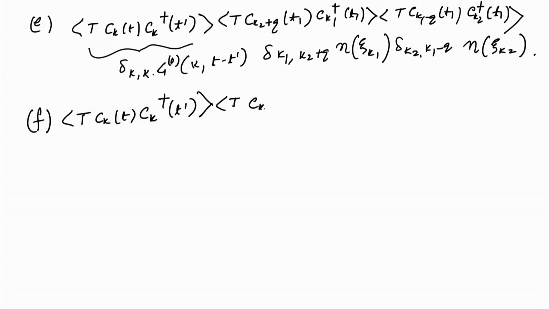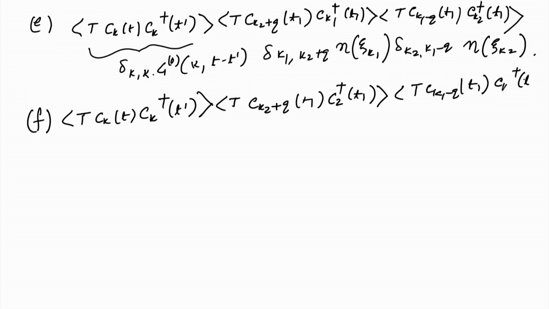t c k 2 plus 2 t 1 c k dagger t 1 and c k 1 minus q t 1 and c k dagger t 1, and again this is equal to a G 0 k t minus t prime.